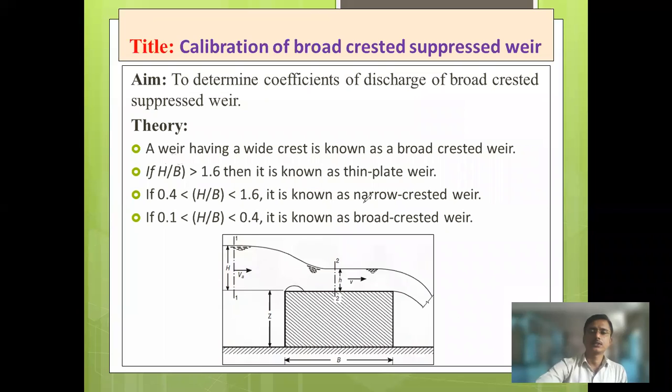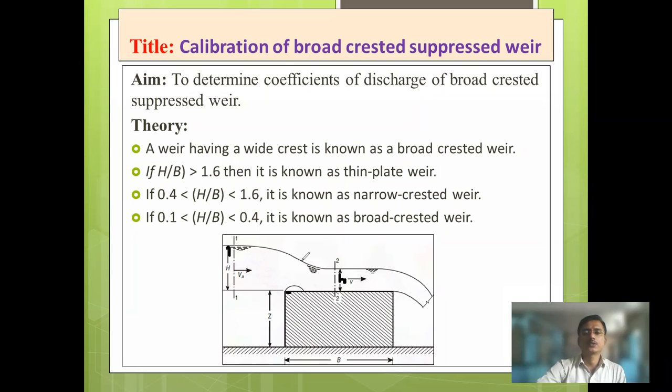Now in this broad-crested weir, there will be two heights, two heads. One head is before the water comes onto the weir crest: the height of the water before the crest is capital H, and the height above the crest is called small h. Why is there this reduction in the height?